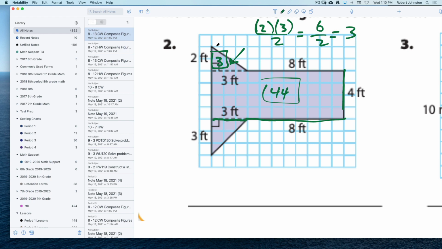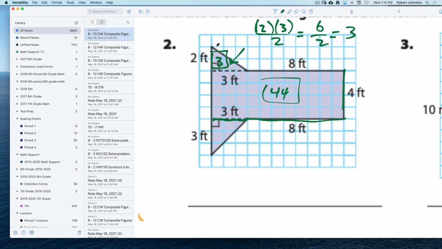The rectangle, well, it's 8 to here. Maybe I'll show you, and then you can ask me if I'm still confusing. So the 8 is only part of the rectangle. If I want the whole length, I have 8 for this much, and then 3 more. So it's 11 times 4, which is 44. Did I answer your question?